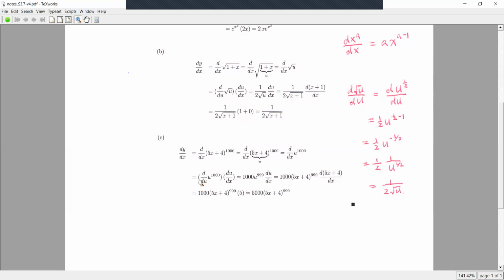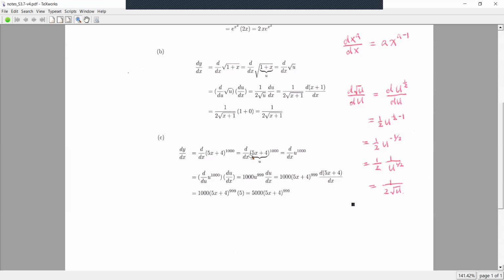I insert du at the bottom, put a du on the top. This is a product of two derivatives. I can cancel du, and go back here. For this derivative of u to the 1000 with respect to u, I apply this formula to get 1000 times u to the 999.